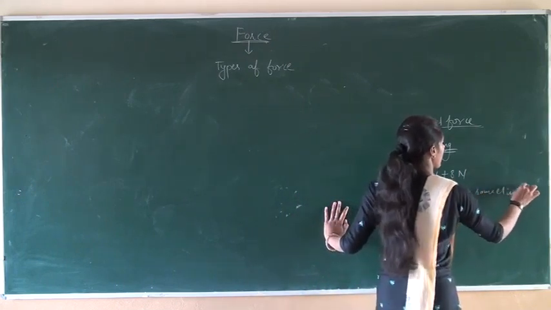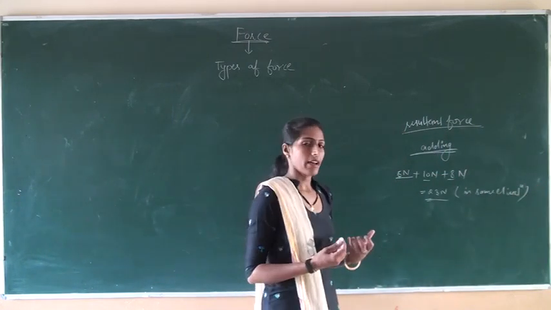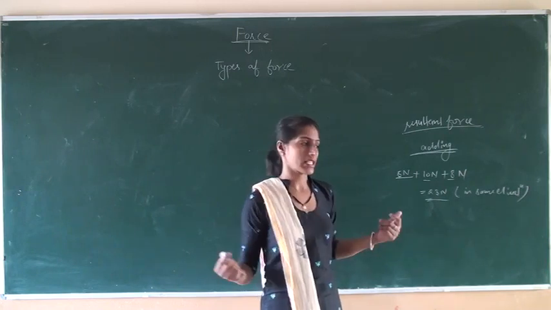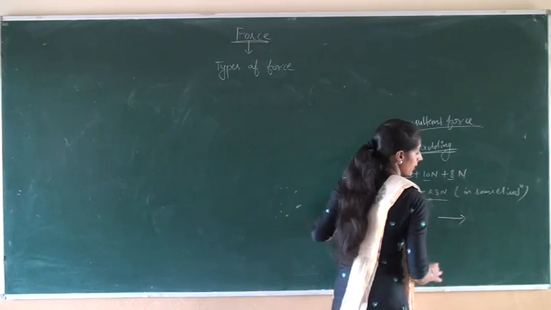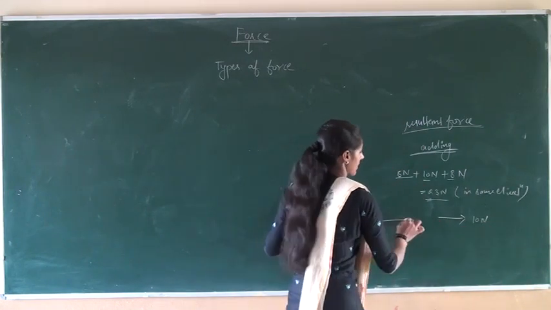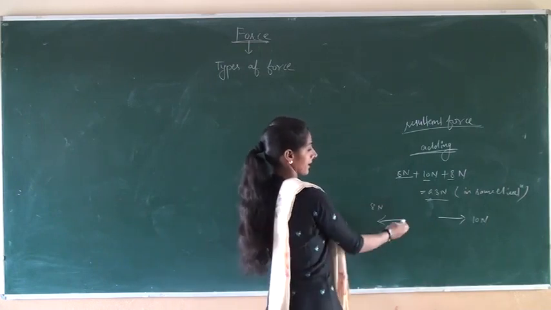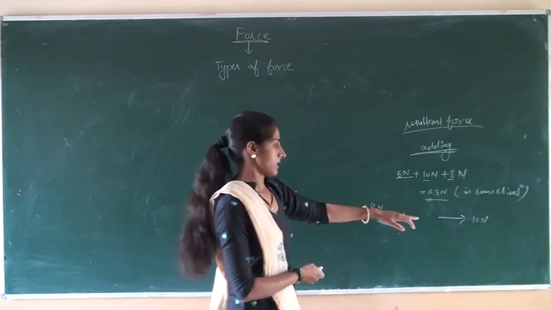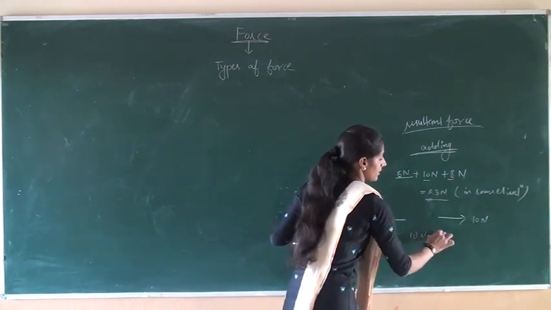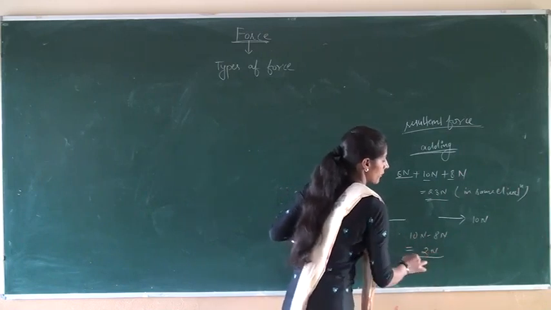Okay? And if the forces applied are not in the same direction, they are in opposite directions. If one person applies a force of 10 Newton in this direction and another person applies a force of 8 Newton opposite to that direction, then the resultant is found by subtracting these two forces, that is 2 Newton force.